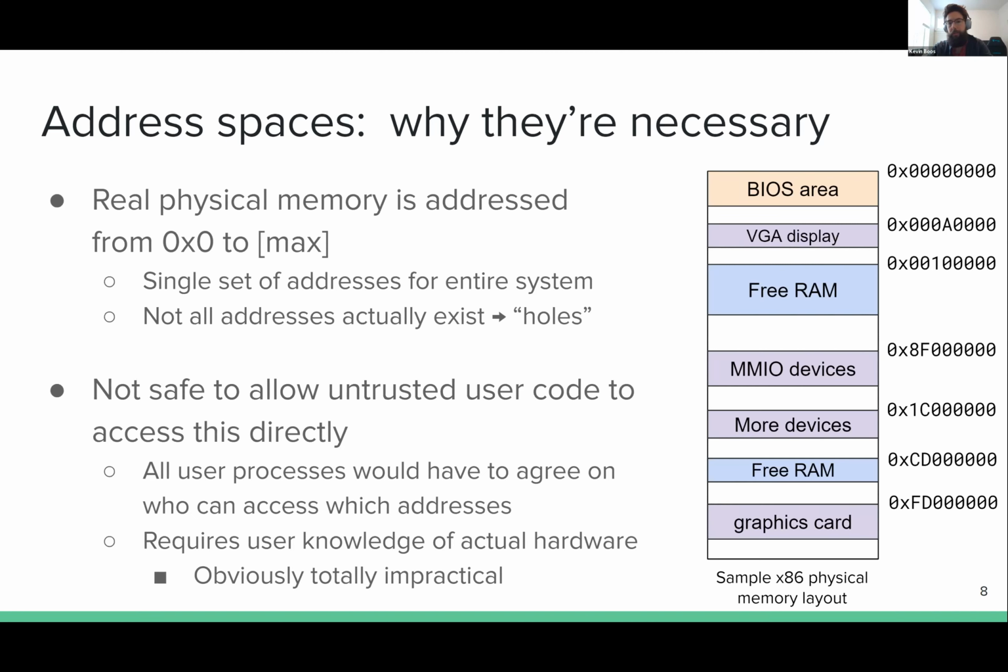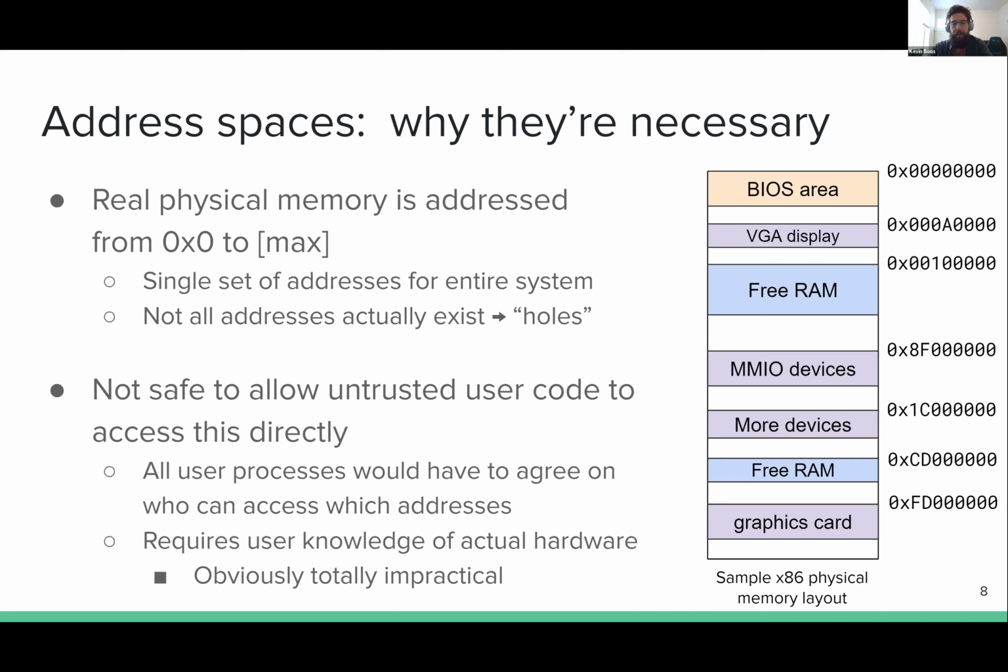You may have a very rudimentary VGA display that you see when you first turn on the machine. That's usually mapped in at hex A0000. And then you'll have bits and bobs, random regions of free memory all over the address space. And of course, that's liable to change based on how much DRAM you've plugged into your motherboard.